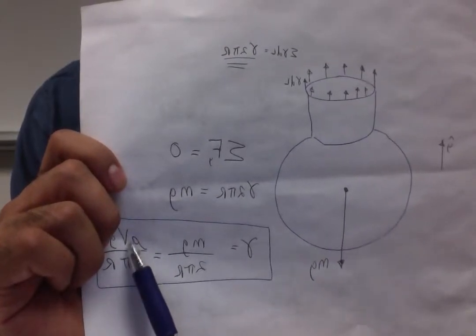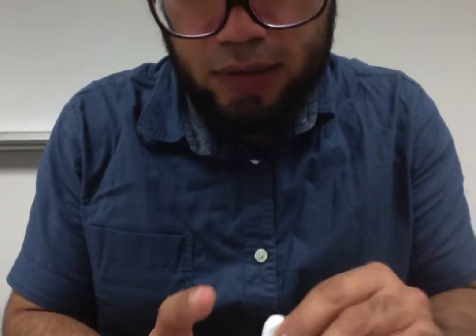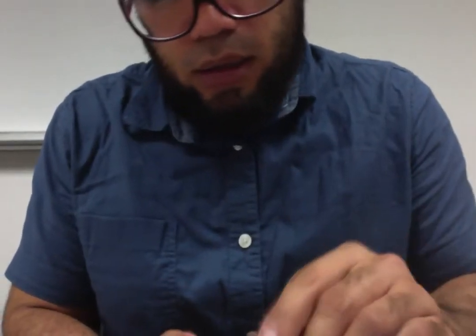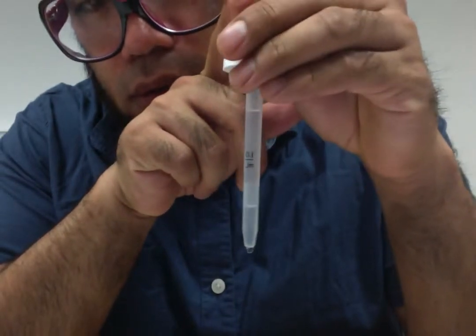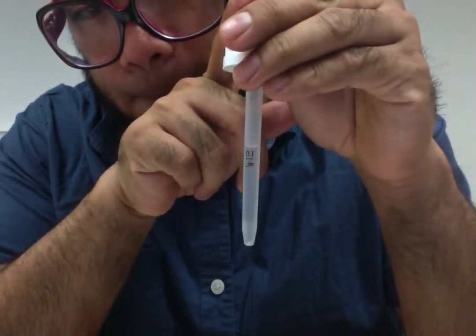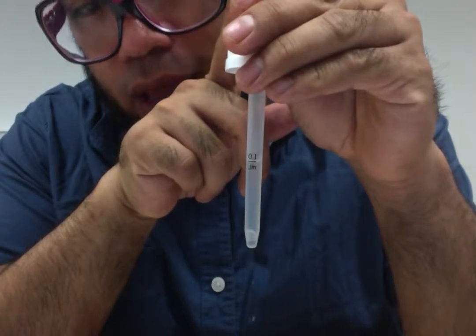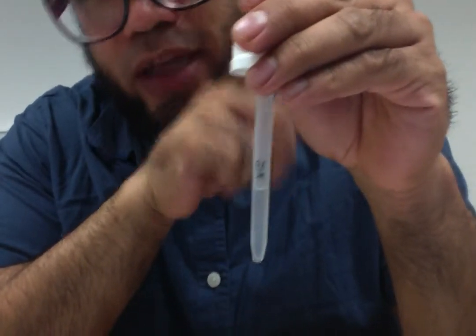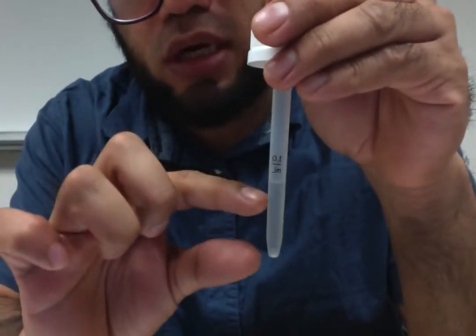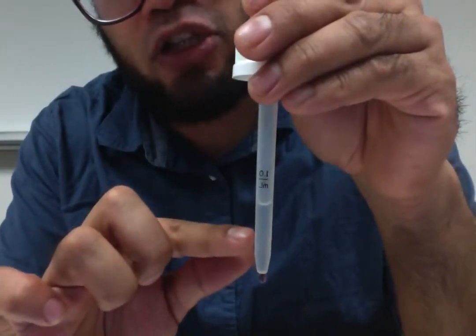This is the part that became tricky, and I'll show you why. So I can get a mil of water and then calculate the average volume per drop. And the way I can do that is by just squeezing this entire mil out, counting how many drops it takes.